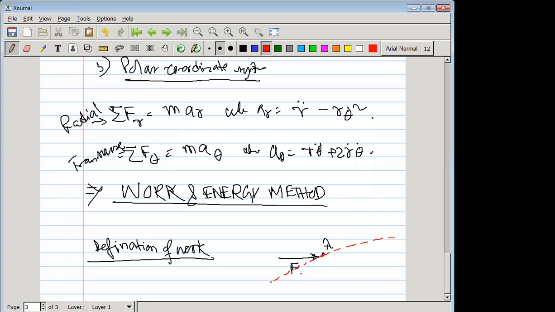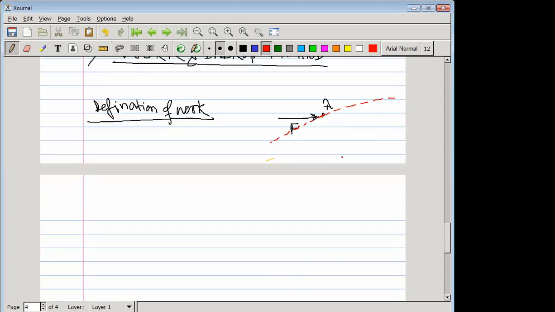Then the position vector of that particle is measured from some conventional origin. Suppose this is a curve, and this is the radius.